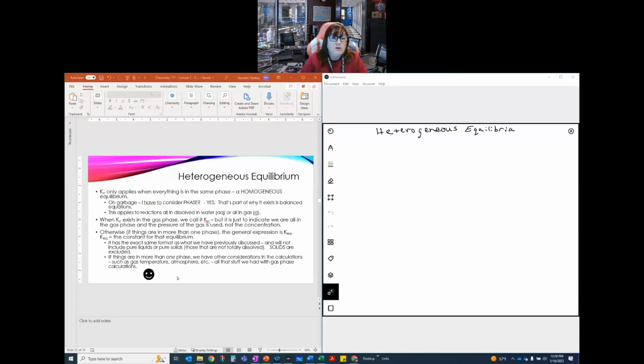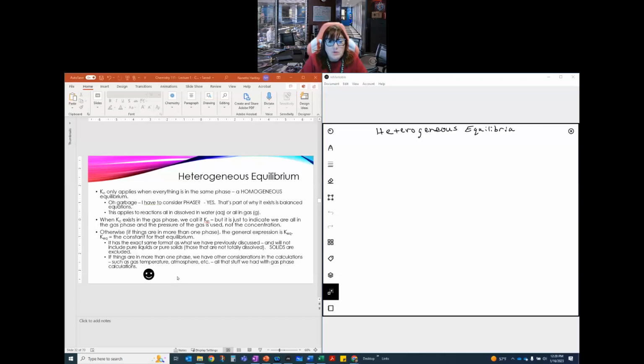So if we don't want to specify if it's Kc or Kp, we may just use Keq, which stands for equilibrium, which always applies, or we may just use a generic K. All right, so Keq has the exact same formula as everything else, as does Kp. Nothing else changes. Keq applies when we have more than one phase.